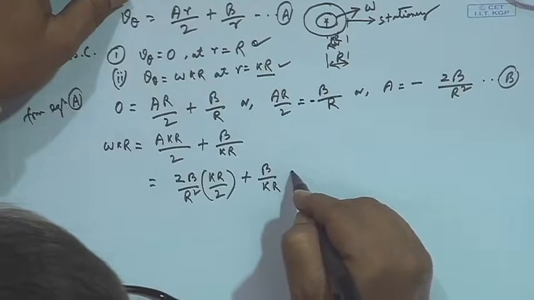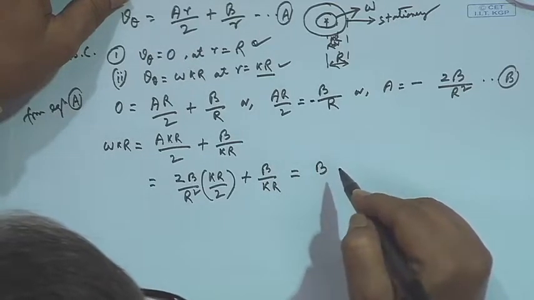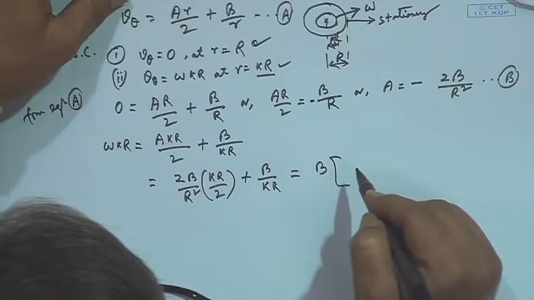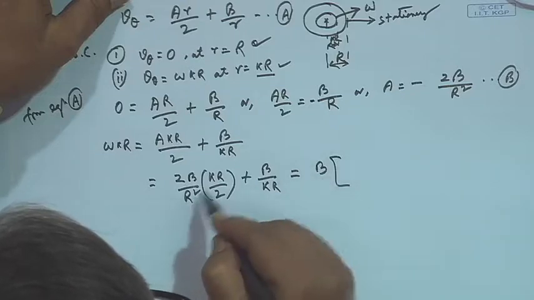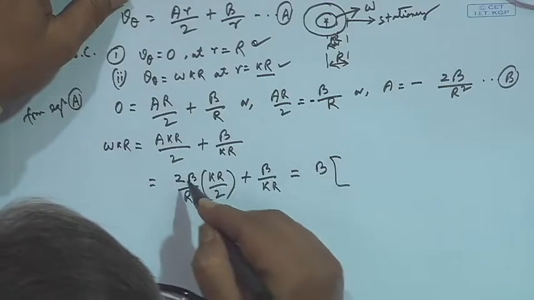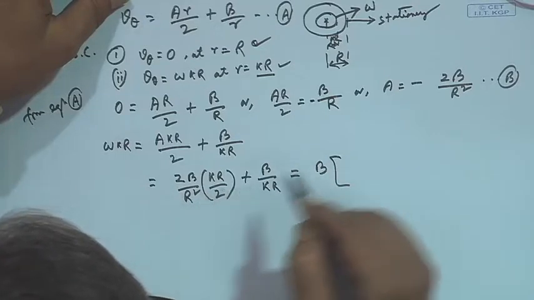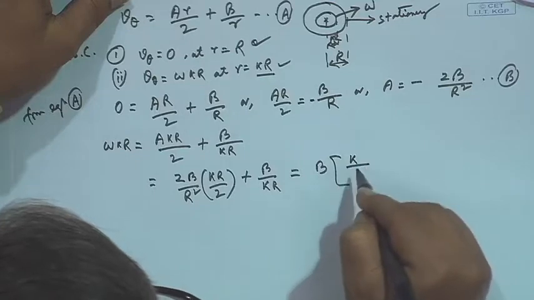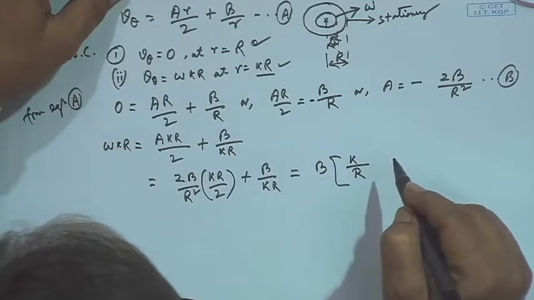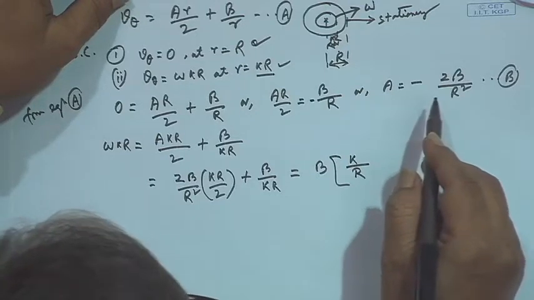So, this we can simplify by taking B as common. So, if we take B common, then this R square, this R goes out, and this 2 and this 2 go out. So, we get k by R, right. Now, is there any negative problem?